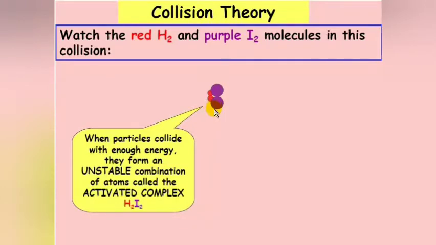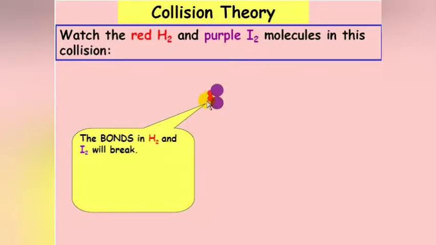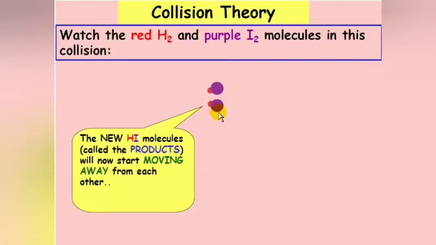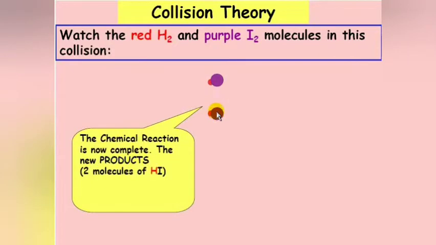If they collide with enough energy, the bonds in the H2 and the I2 will break, and new bonds will start forming between the H's and the I's. Now the new HI molecules, called the products, start moving away from one another. So the chemical reaction is now complete. The two new products, two molecules of HI, have now been formed and are stable.